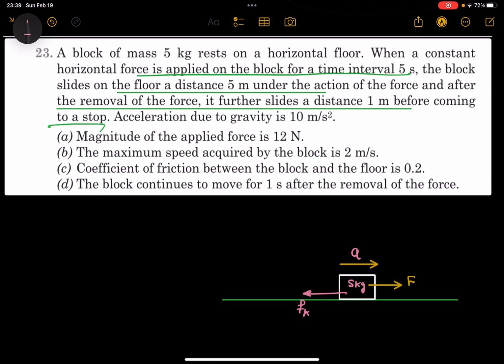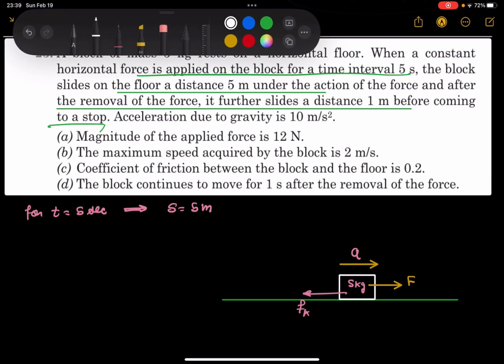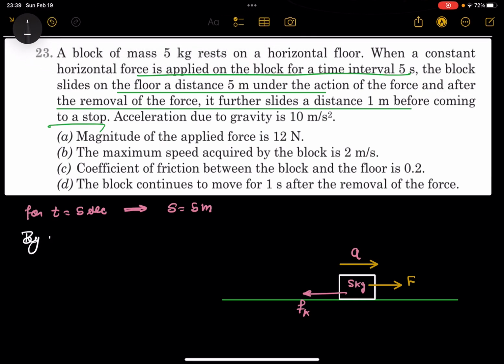In the question it is given that for t equal to 5 seconds, it travels a total distance of 5 meter. So we are using the second equation of motion, that is, S is equal to half of a t square.